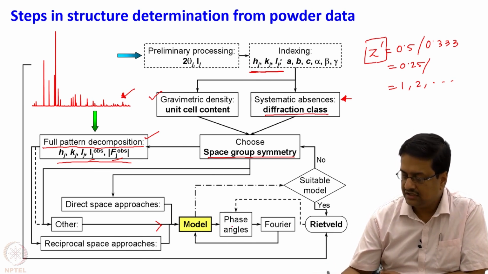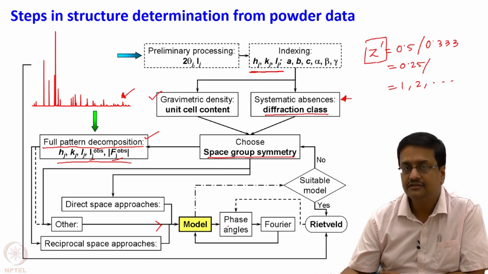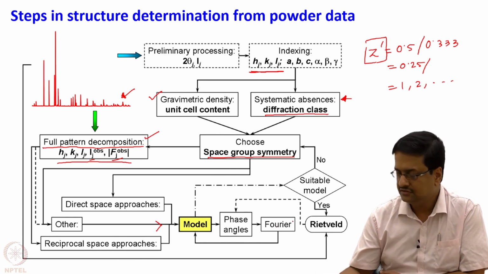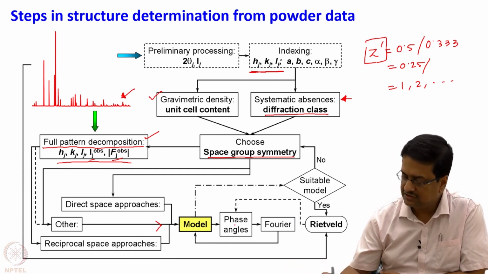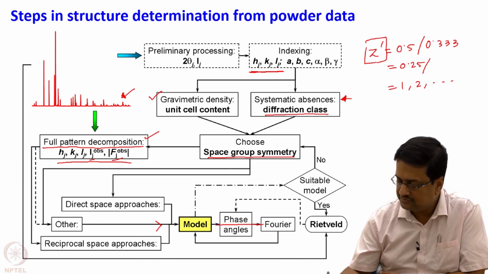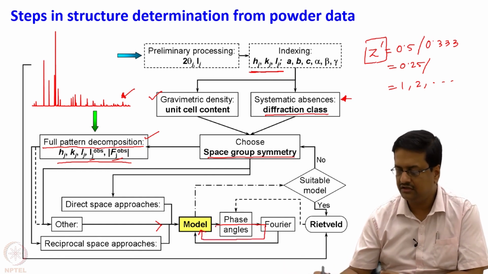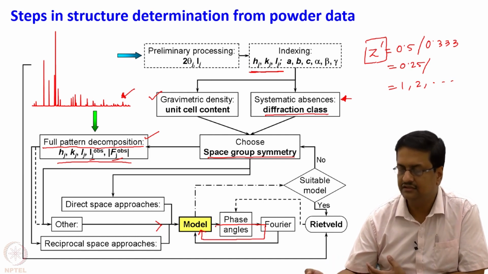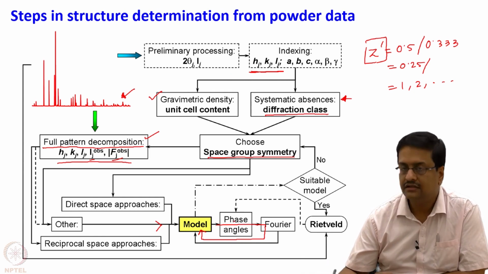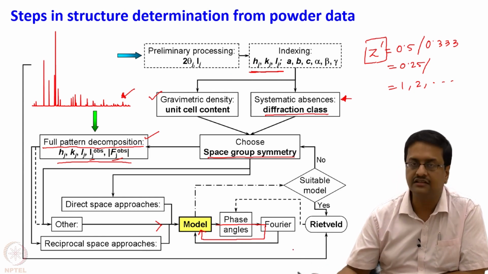So then one can apply the phases, you can do Fourier and go back and modify the model. So this model to phase, phase to Fourier, Fourier to model, this cycle continues repeatedly till the R factor is lowered and we reach a reasonable structure.